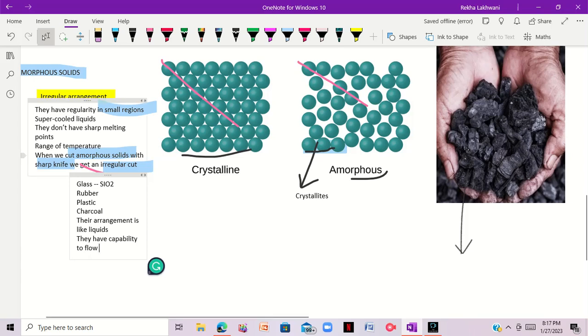As I said, their arrangement is like liquid, they are supercooled liquids, so obviously their arrangement will be like liquids. So they have the capability to flow.